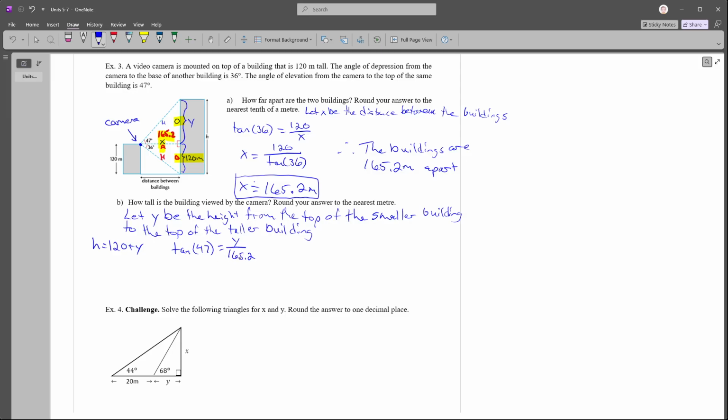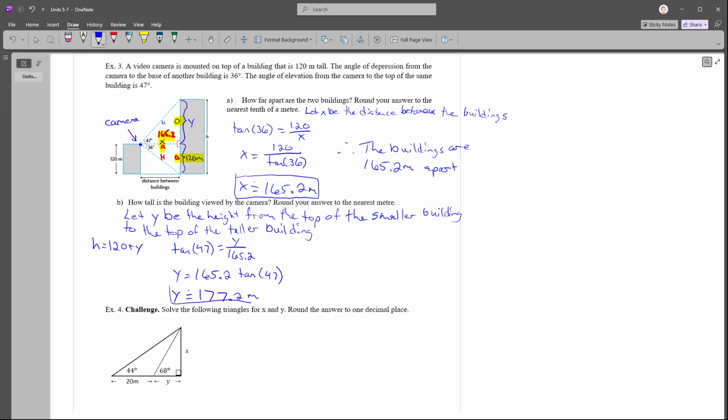Now we can rearrange by just multiplying both sides by 165.2. So we have y is equal to 165.2 multiplied by tan of 47. All said and done, y is going to be approximately 177.2 meters.